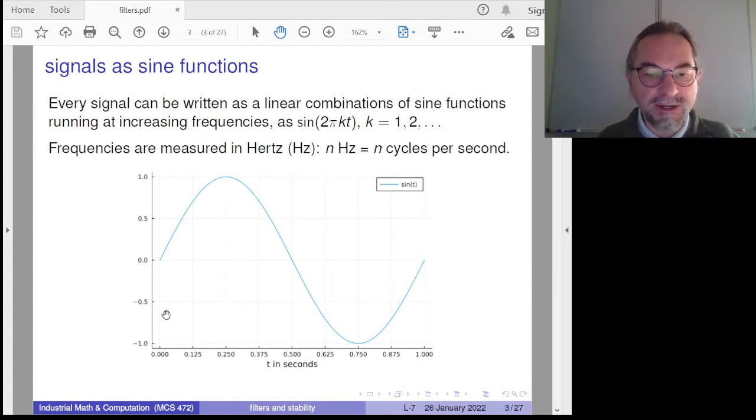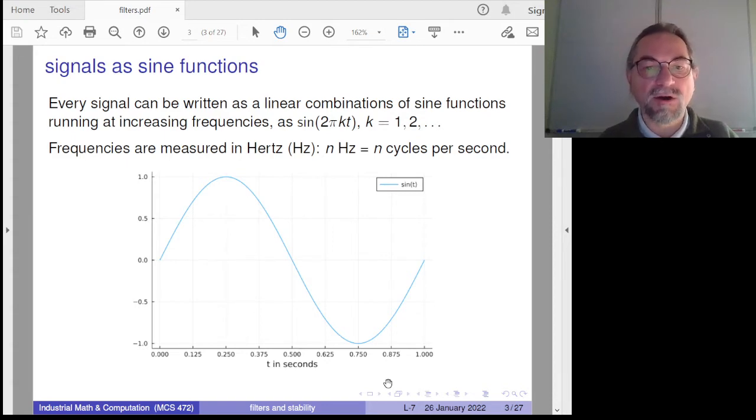So here I made a point, the horizontal axis, to label it that the unit time from 0 to 1 is expressed in seconds. So we are looking at a sine function over the interval 0, 1.